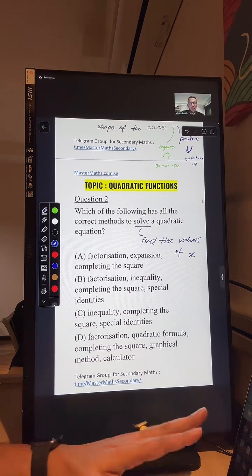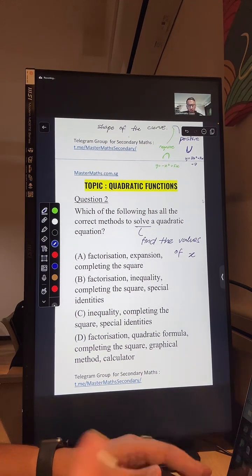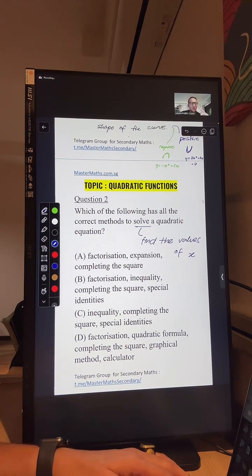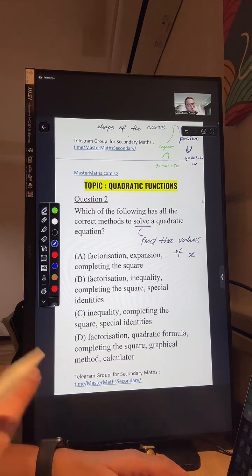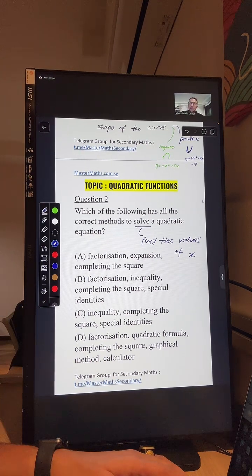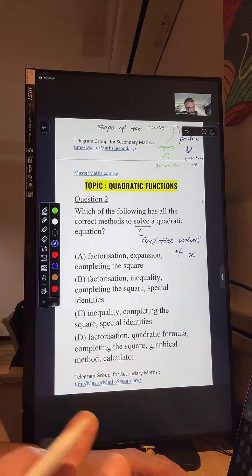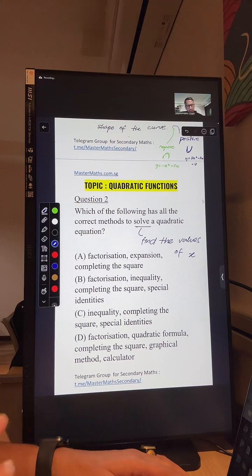Because usually, not all the time, for a quadratic function, there will be 2 solutions for your x. But not all the time. Sometimes there can be 1 solution, sometimes no solution. But most of the time, 2 solutions for your x. So when they want you to solve, that means they want you to find the values of x.